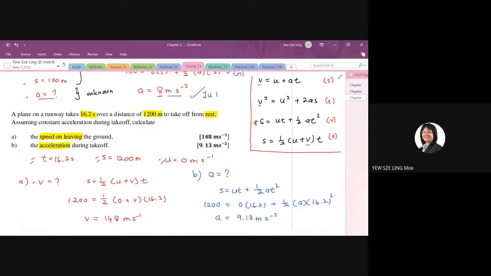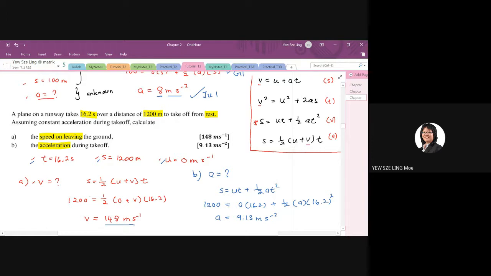All right. So most of the time, we need to choose the equations. For question B, actually you can choose to use the information from question A, which is 148 meters per second. But I always encourage my students to look at the main question first, see whether we have enough information or not. If we have enough information, we try to avoid using the value from the previous question.